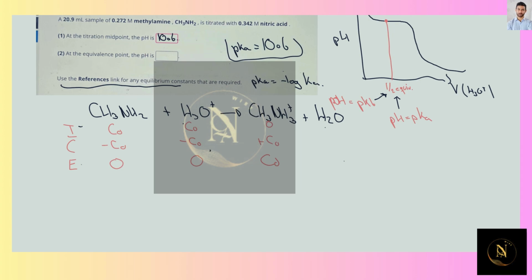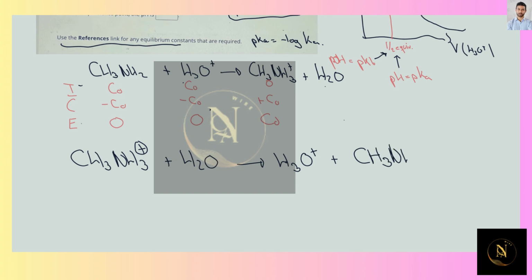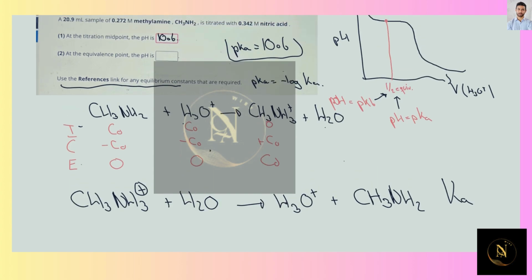For this reason, the next reaction to be considered at the equivalence point is that of the methylammonium ion plus water to produce H3O+ and methylamine, which is directly the Ka reaction. To know the initial concentration, we're going to employ the values of methylamine.